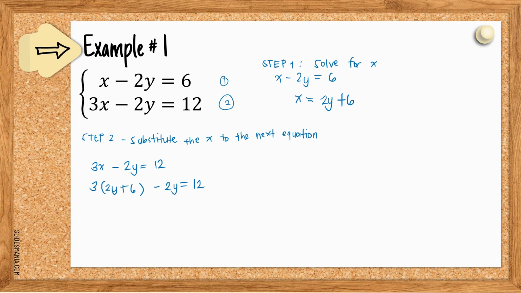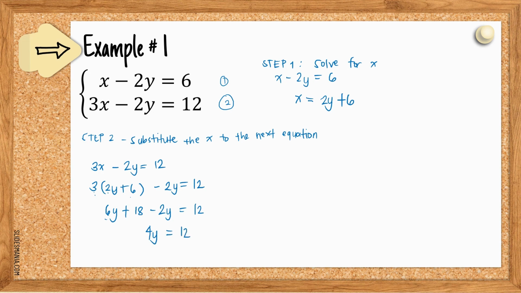Let's apply the distributive property. 3 times 2y, that is 6y. Next, 3 times 6, that is positive 18. Minus 2y is equal to 12. Combining like terms, 6y minus 2y is 4y, equal to 12.